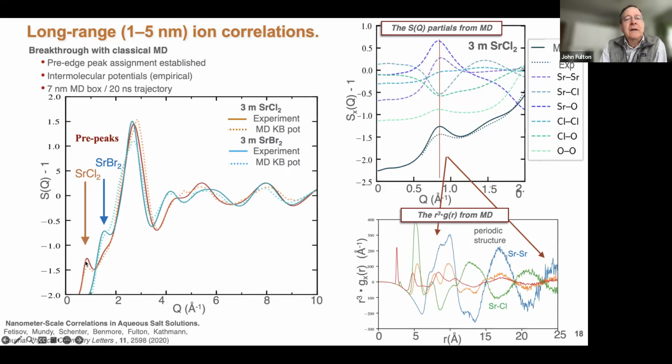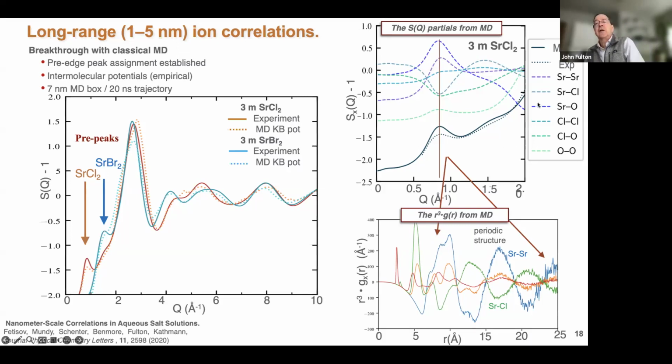Depending on whether you're using the chloride salt or the bromide salt, we get a different pre-peak structure. The beauty of MD is it allows us to deconvolute the contribution to this pre-peak from the various different partials in solution. For instance, in this upper right plot, the dominant 2 contributions to the peak are the strontium partial and the strontium-oxygen partial.